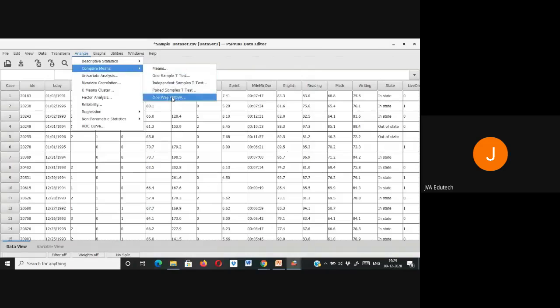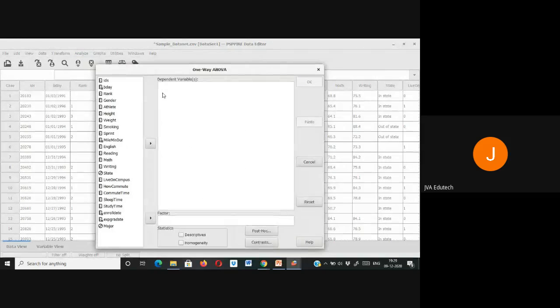Analyze, Compare Means, One-Way ANOVA. Take your factor, that is your independent or grouping variable, which is smoking.